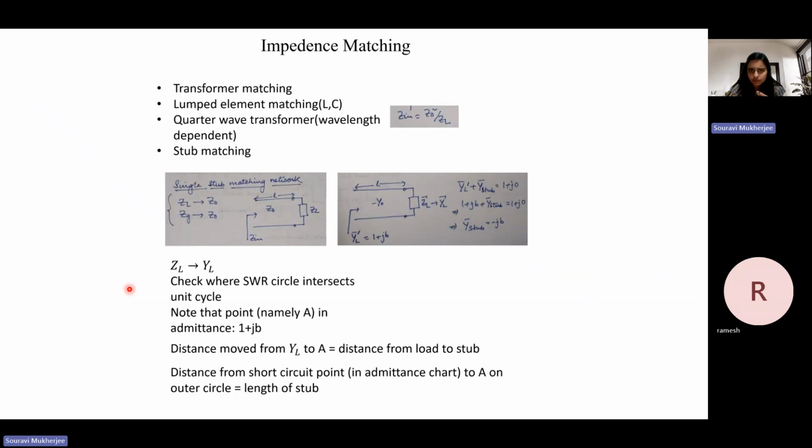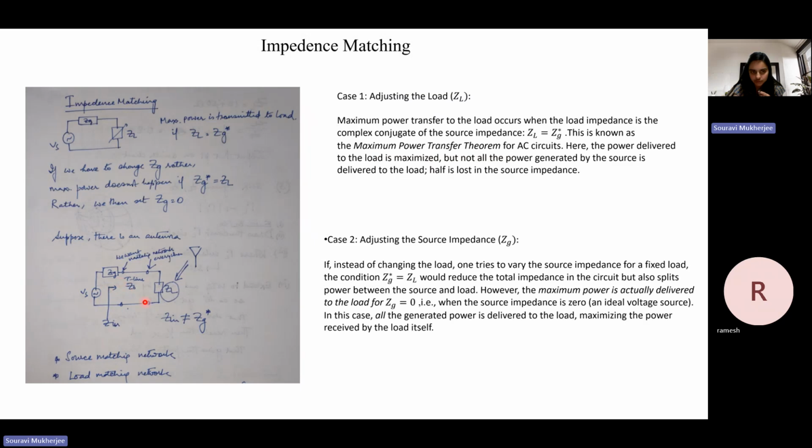One of the ways would be to do some transformer matching. Basically, you do some changes such that the voltages are adjusted in such a way that the reflections are countered and you can have a matching situation.